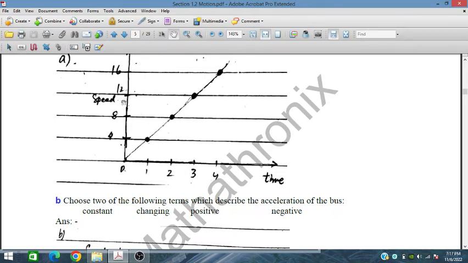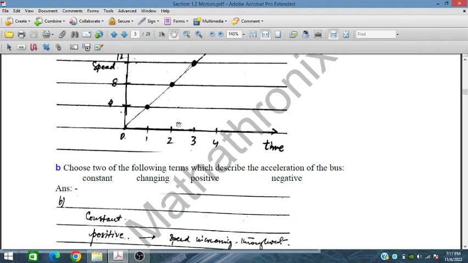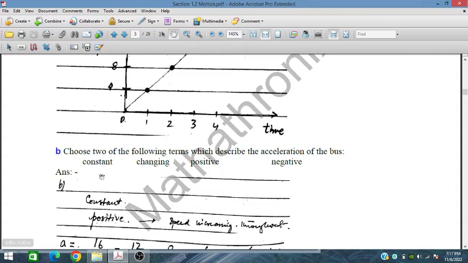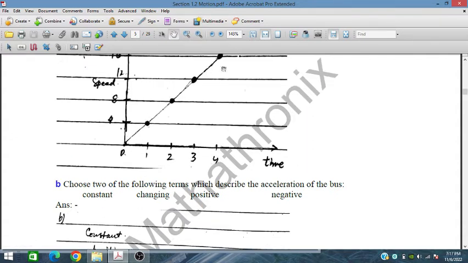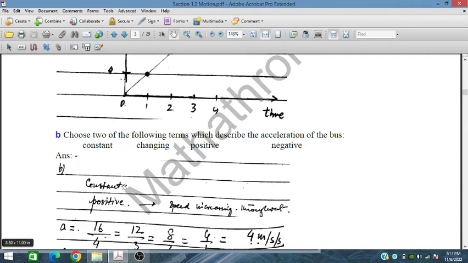Here the speed difference is 4 for a time difference of 1. From 2 to 3, a 1 second difference, the speed difference is again 4. So 4 meters per second in 1 second. So the acceleration is constant, and positive. So it is constant and positive.